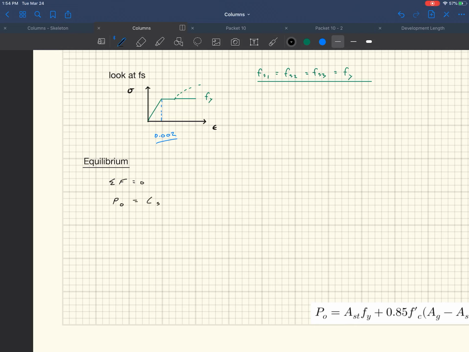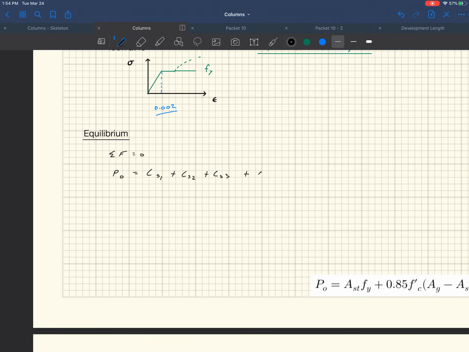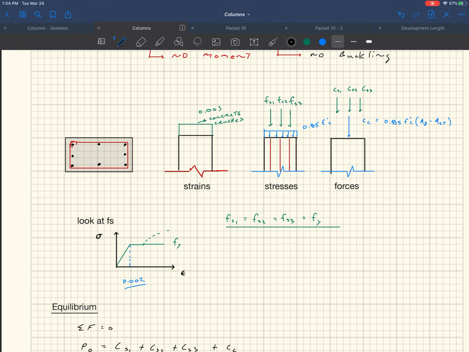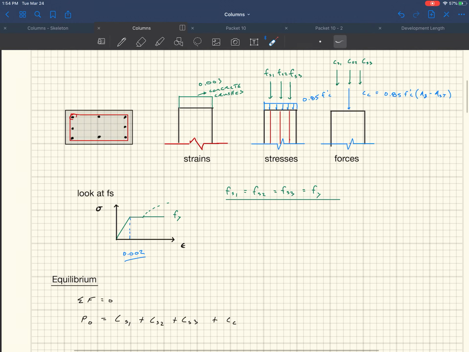That's going to be equal to Cs1 plus Cs2 plus Cs3 plus C sub C. So you just take each of these forces, add them up, and then they'll end up equaling the P that's applied to it. And I guess I should probably put that P on here.